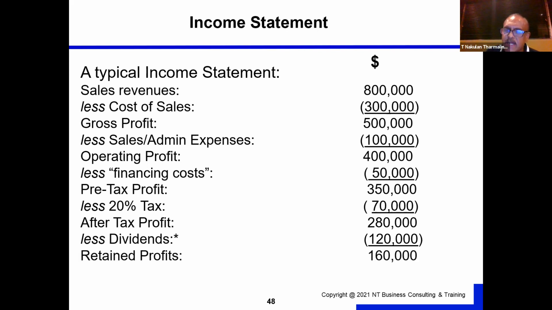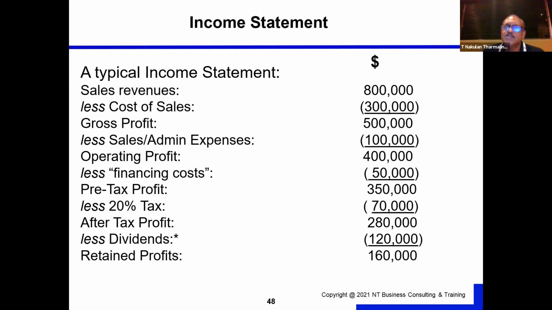After paying out your dividends, you are left over still with profits. What you will do with this profit, the word suggests retained profit, you will plow this profit back into the business. So this is a typical format of how a profit and loss account works. From the top line, how it gets into the bottom line, which is your pre-tax profit, after-tax profit, and you pay your dividends and you got your retained profits. This is the format.